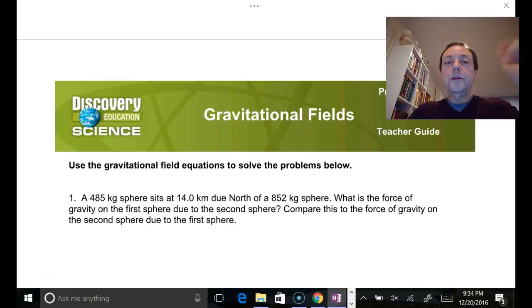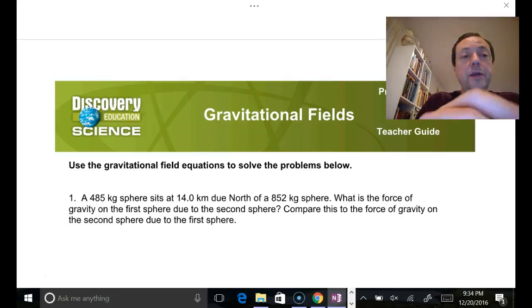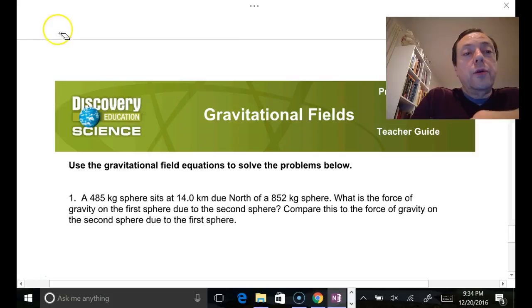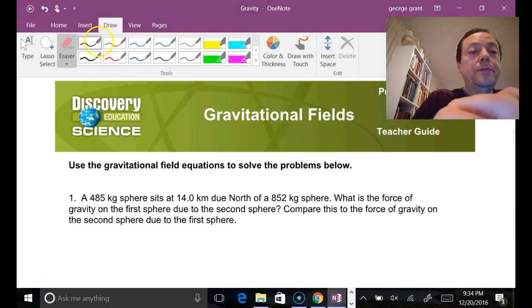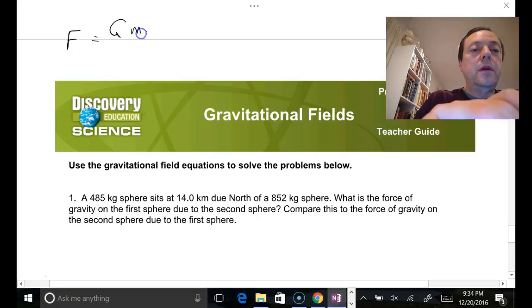Okay, let's do some calculations with universal gravitation, which relates the force that arises between two masses, or actually any combination of masses. The equation is: force is the universal gravitational constant, capital G, m1 m2 over r squared.